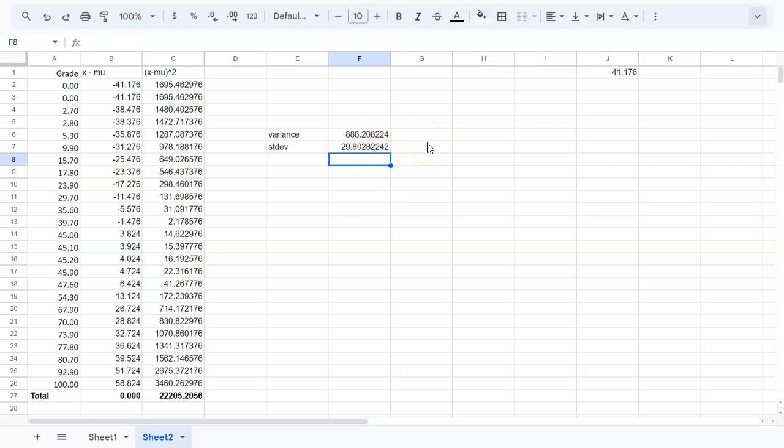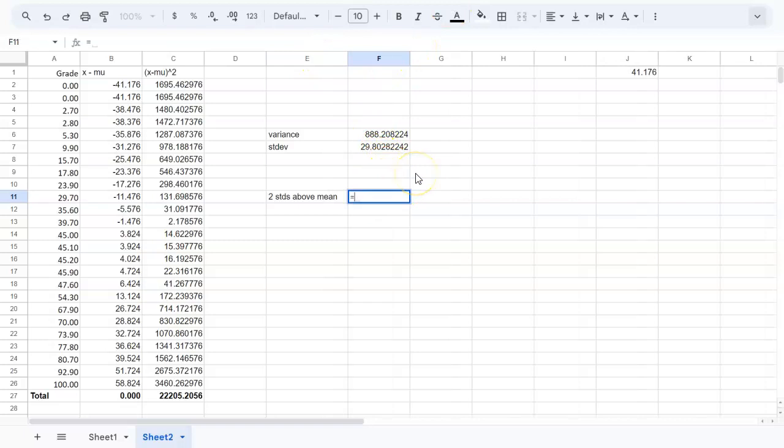So that means that, let's see, if our mean is 41.176, then two standard deviations above the mean is going to be 41.176 plus 2 times the standard deviation.